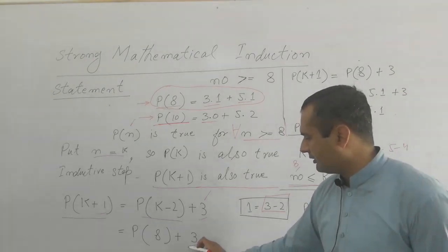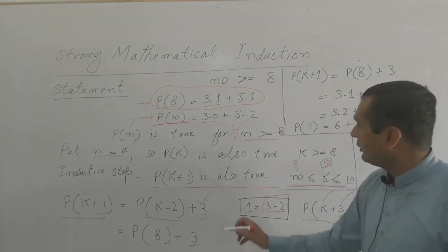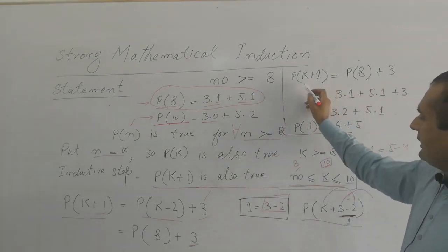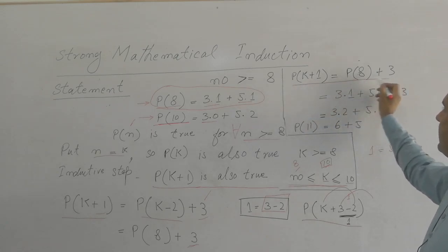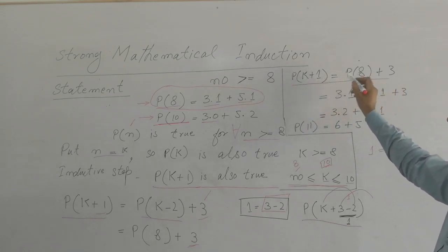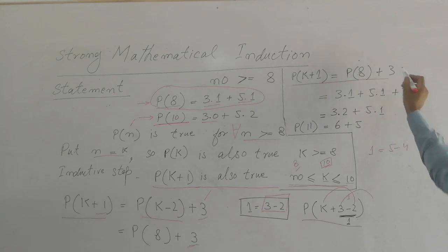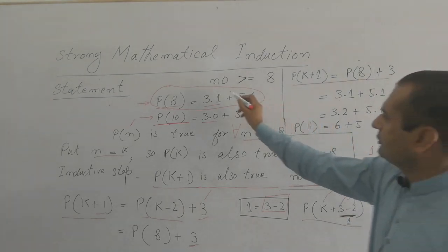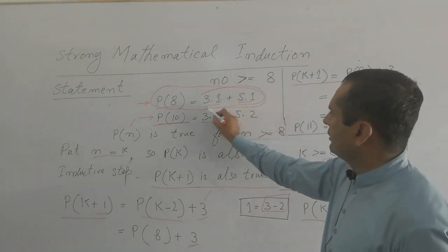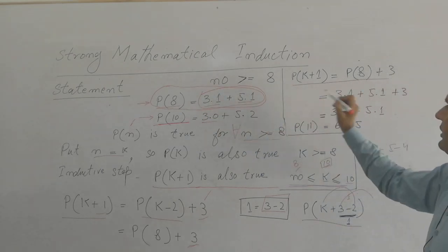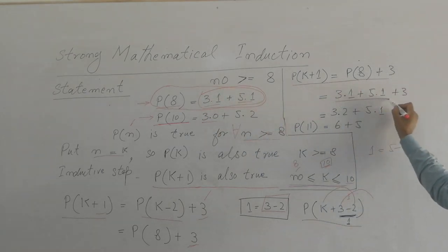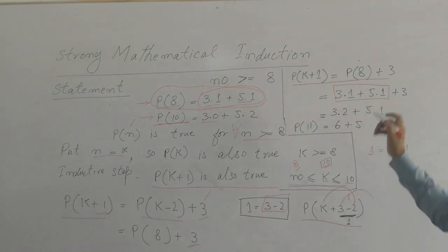So it becomes P of 8 plus 3. Why? Because we have a stamp of 3 coins. Now I can rewrite this equation as P of k plus 1 is just equal to P of 8 plus 3. And what is P of 8? We just need to give its corresponding value over here. We replace P of 8 with its value, which is 3 into 1 plus 5 into 1, plus 3.